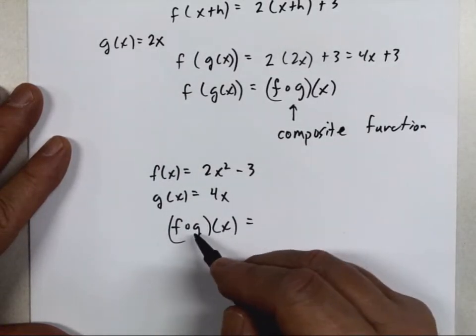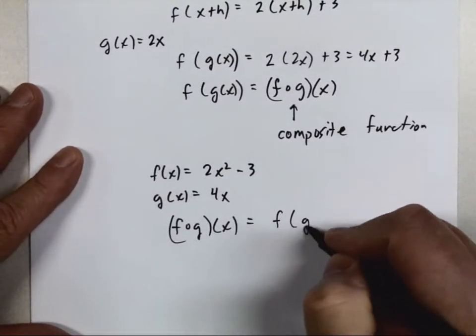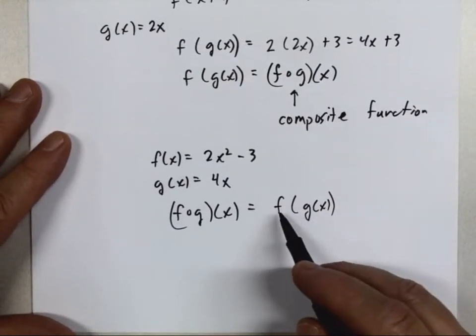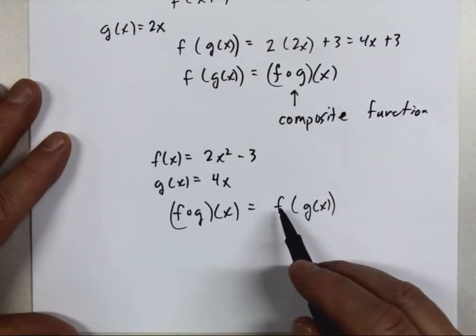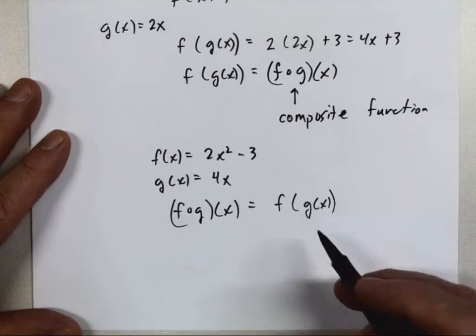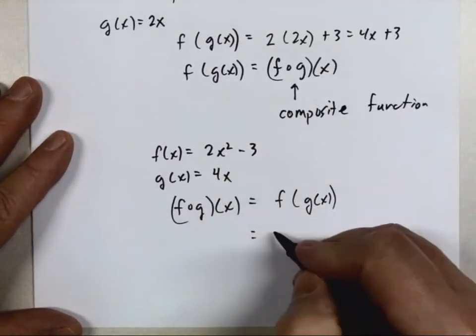So whenever I have a composite problem, the first thing I do is rewrite it like this, because this I understand. This says you go get the f function. Every place you have an x, you replace it with the g function. So the f function is 2x squared minus 3.